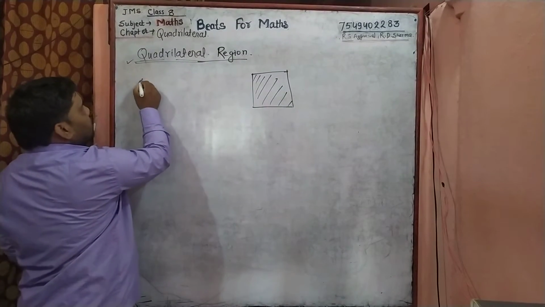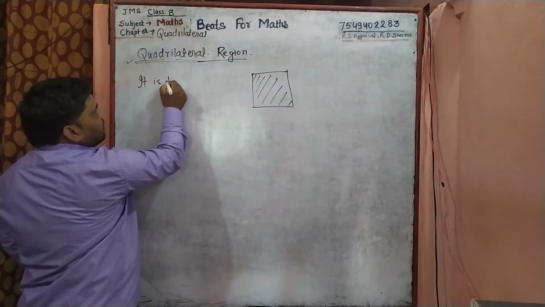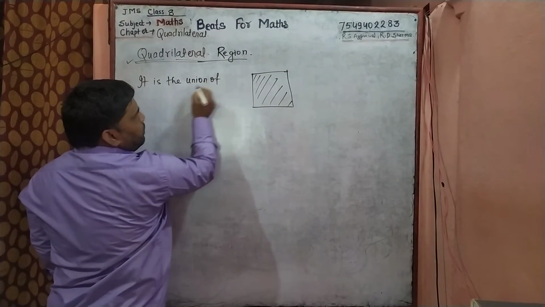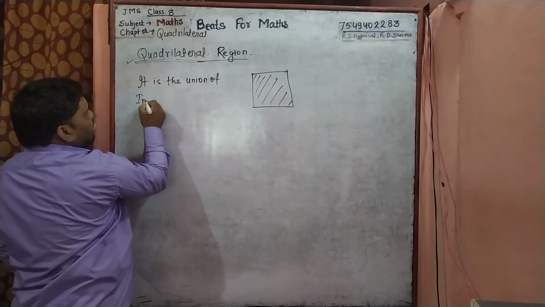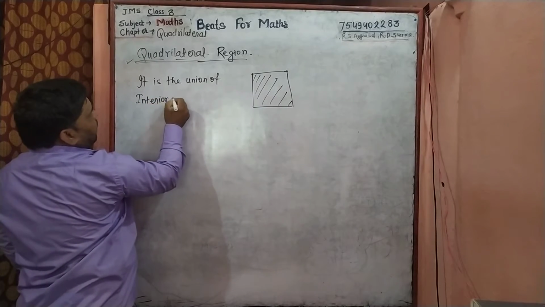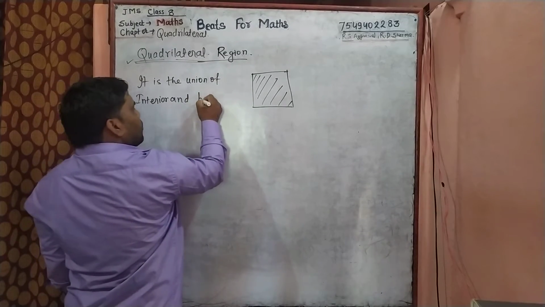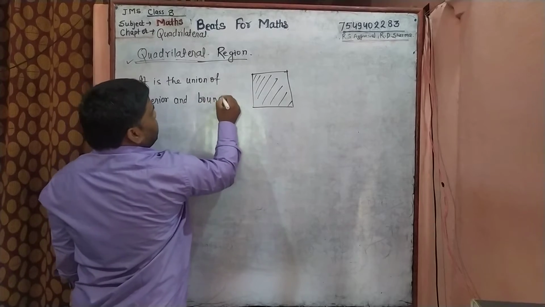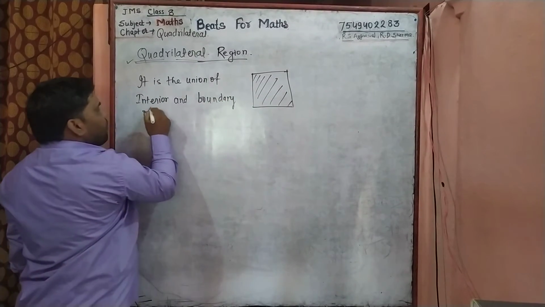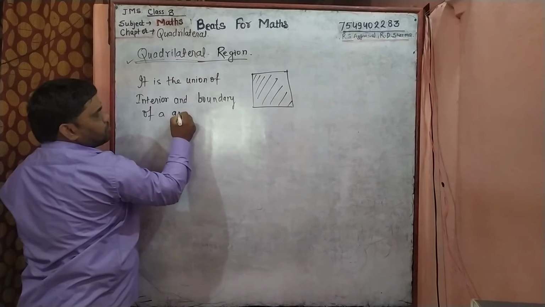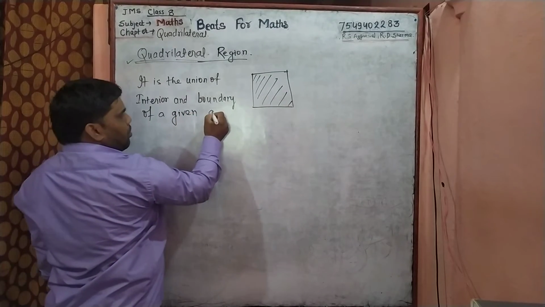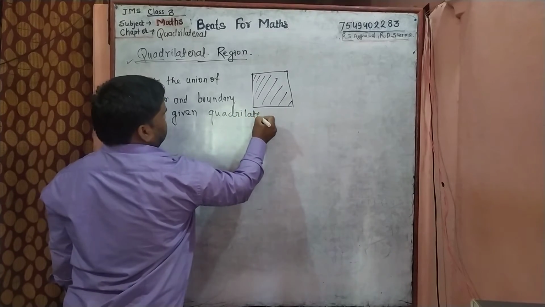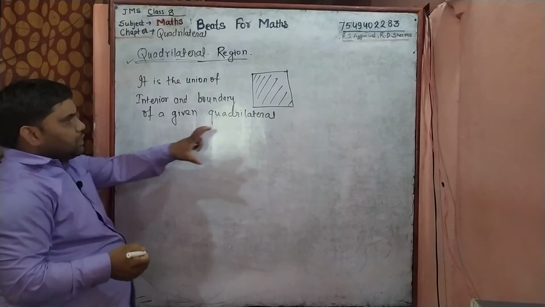Means we will call it the union of interior and boundary of a given quadrilateral.